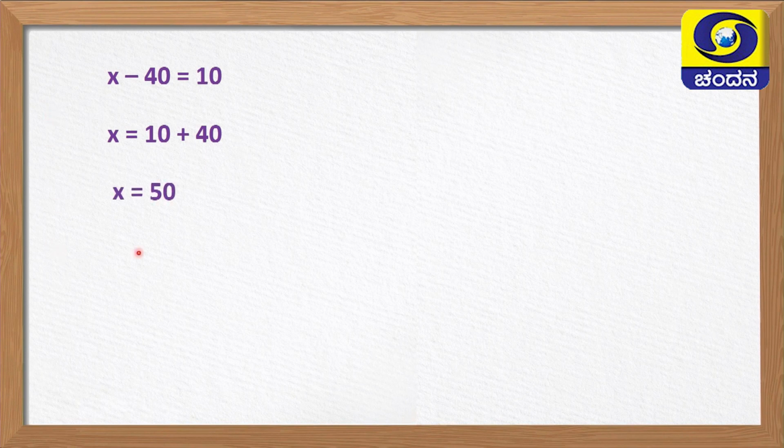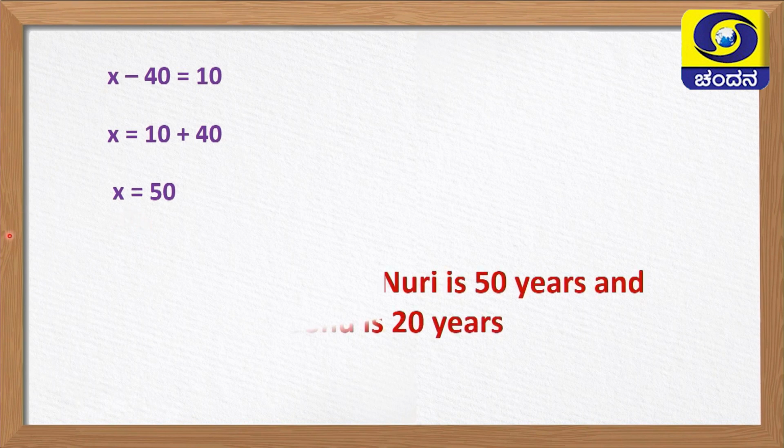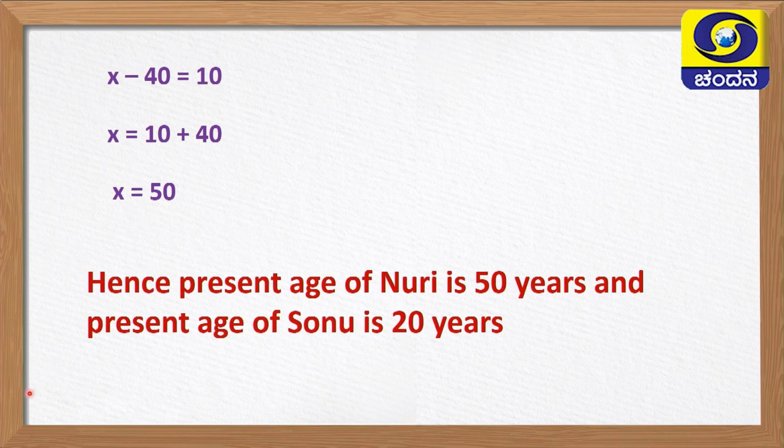So, here we got the values of x and y. The present age of Noori, that is x, is 50 and the present age of Sonu is 20. This is how we have to solve the equations, children.